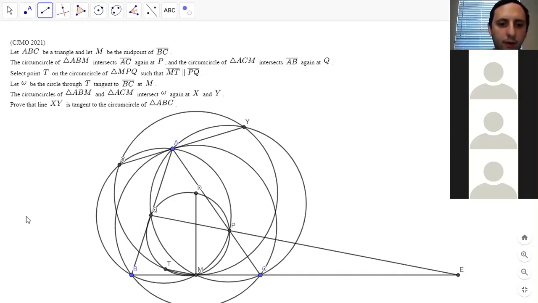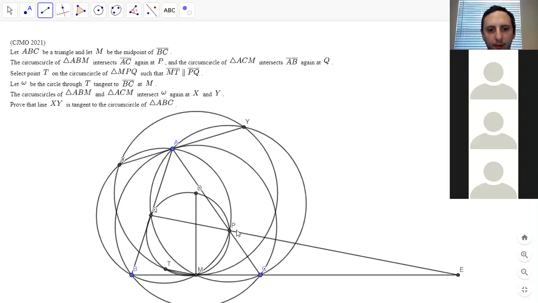So we want to show MD bisects angle PMQ. Well, that's really the same as saying angle PMC equals angle QMB, and that seems like it's probably an angle chase, right? Because angle PMC is PAB. So I can prove that D is the center of omega.